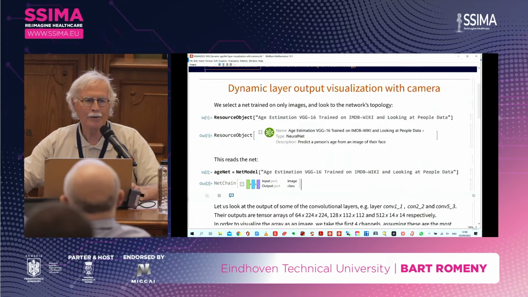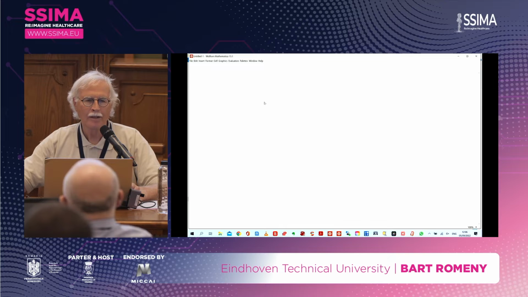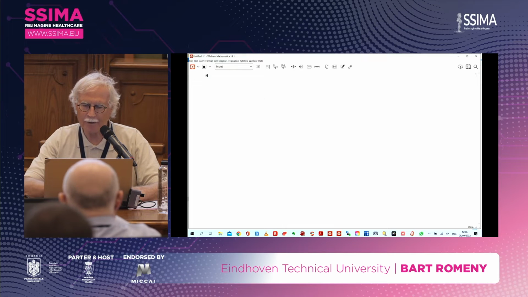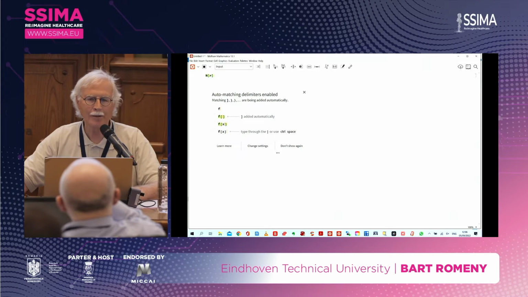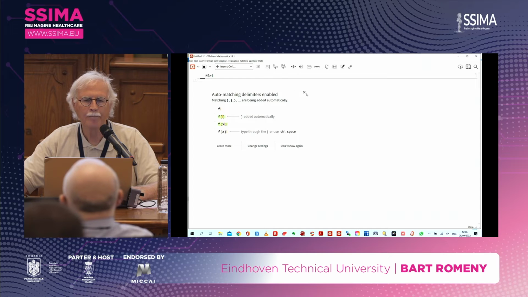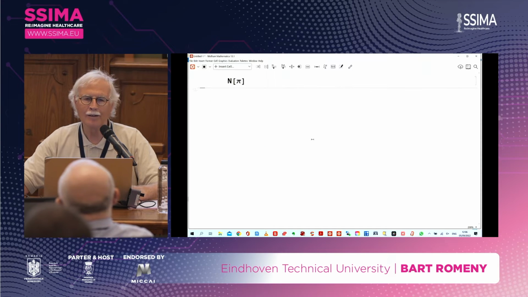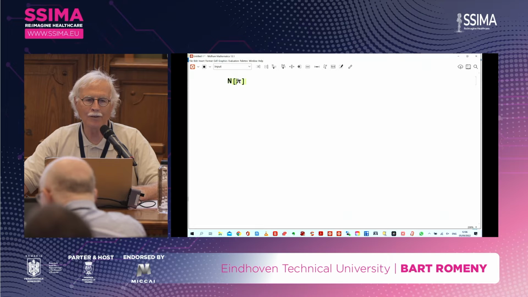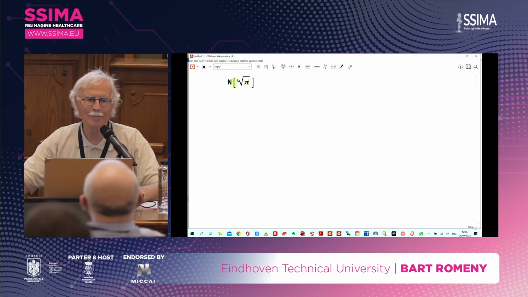By the way, if you see Mathematica, let's make a new notebook. If you want, let's say, the numerical value of a thing like pi, you can actually write a pi. And you can take the square root of pi.